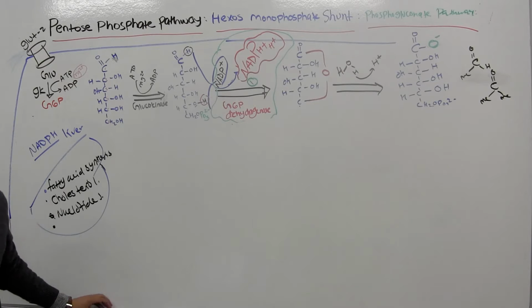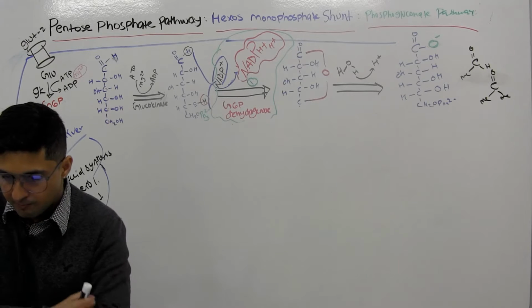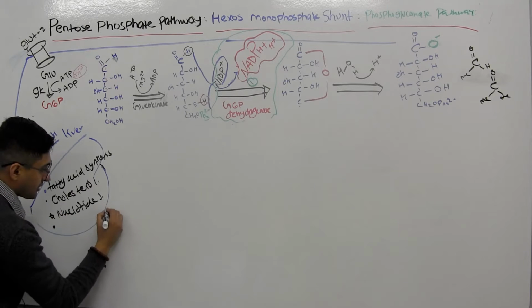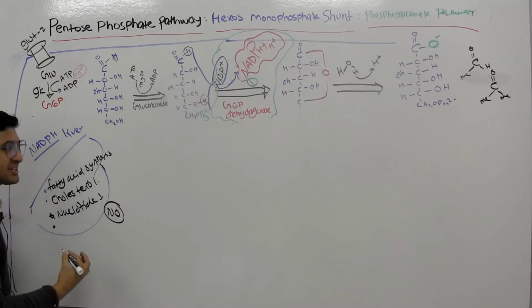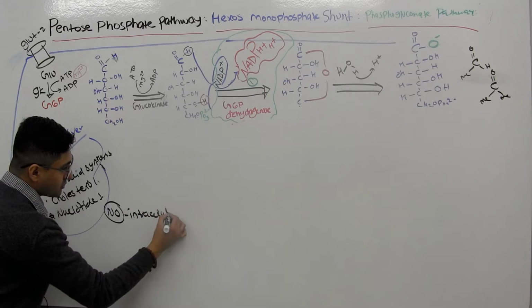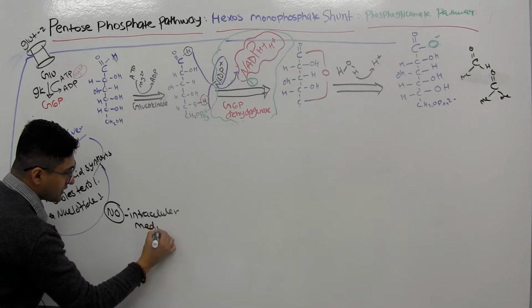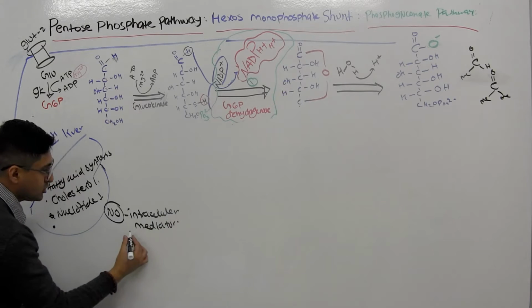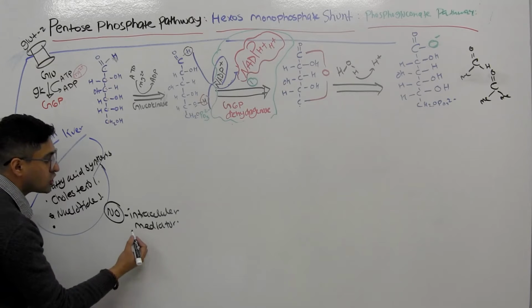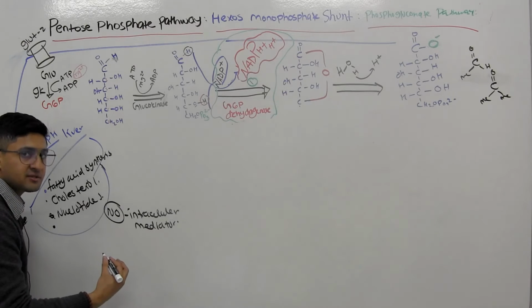Now, what else do we do? Remember when I was talking about the role of nitric oxide? It's an intracellular mediator for several actions. Nitric oxide utilizes arginine, and arginine is a positively charged amino acid.